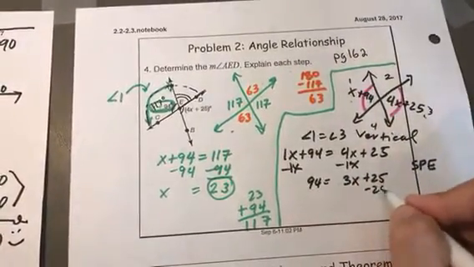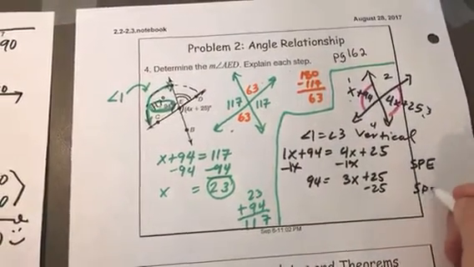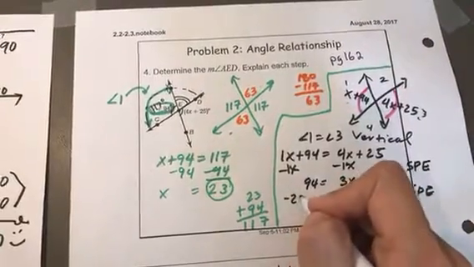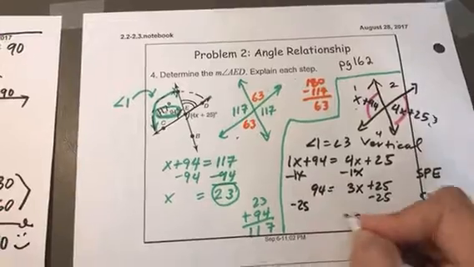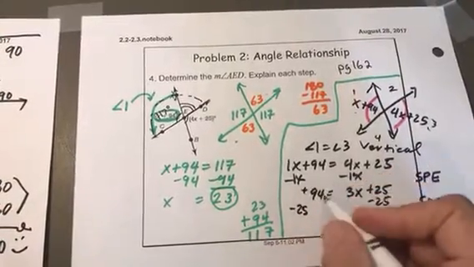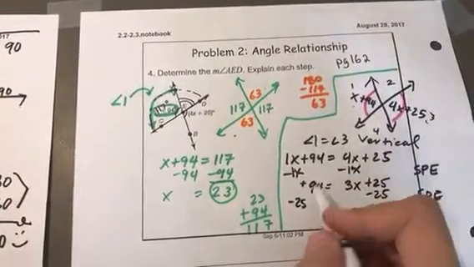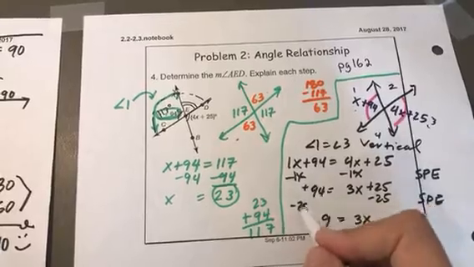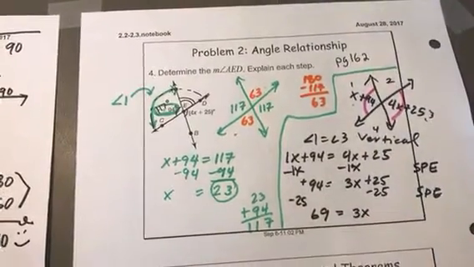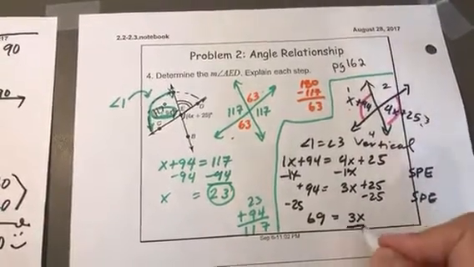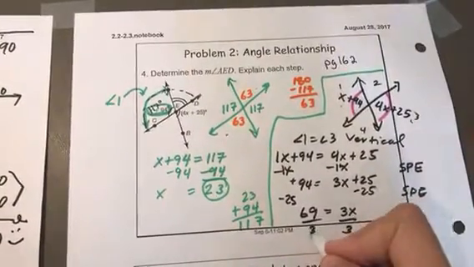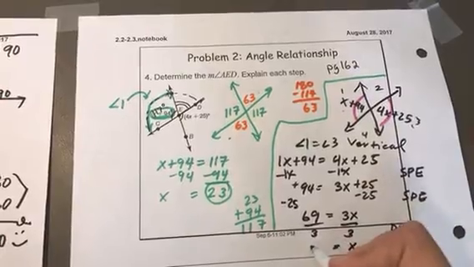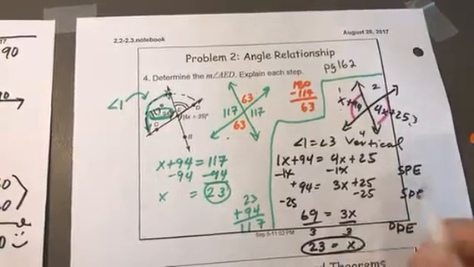Then I'm going to get the 25 over here, so that I guess is the subtraction property of equality again, minus 25. So I get 3x is equal to negative 25 plus 94, or 94 minus 25. Now I'm going to divide by 3 on both sides, which is called the division property of equality, and I get 23, yep.